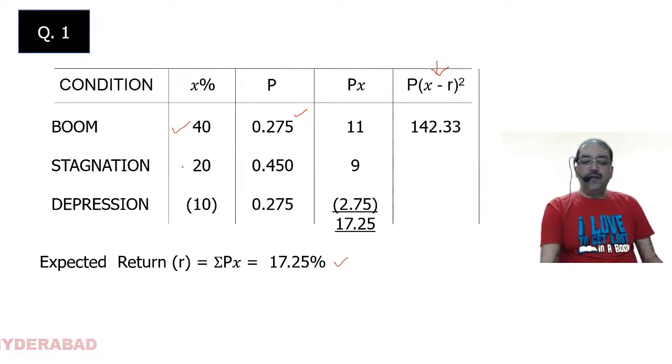Then for the second value, again I take 20 minus 17.25, and for each figure you have to take the square. The first one is 40 minus 17.25 squared into probability 0.275. The second one is 20 minus 17.25 squared into 0.45.